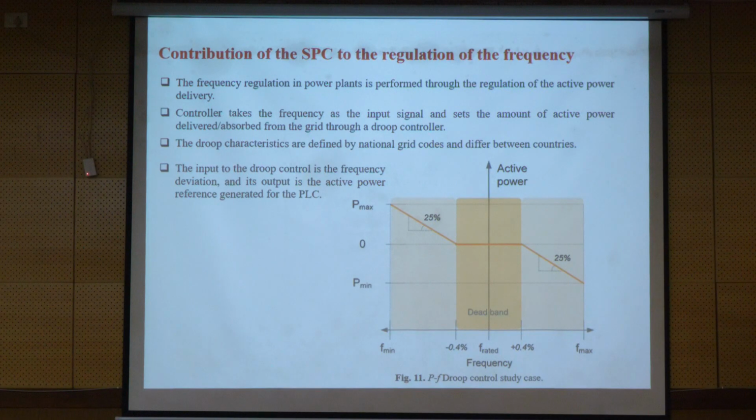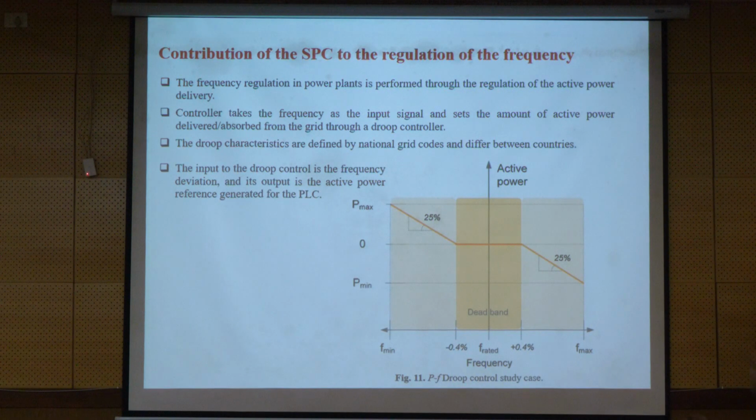By this value we can stay in the steady state, I mean, in the right operating condition. But if the frequency drops more, we see that the frequency is changing more. Then the value of the active and non-active power injected to the grid or absorbed from the grid changes.